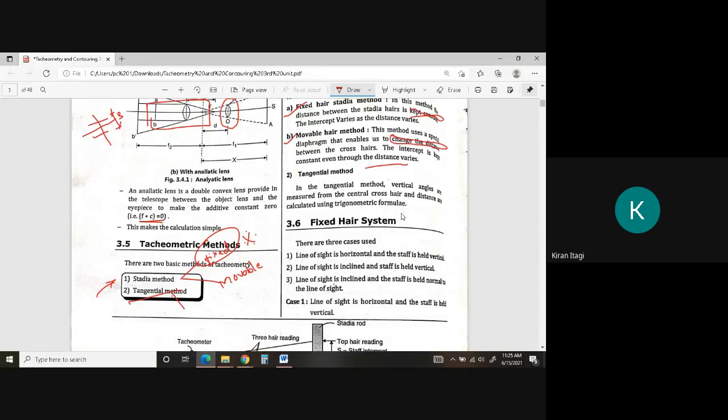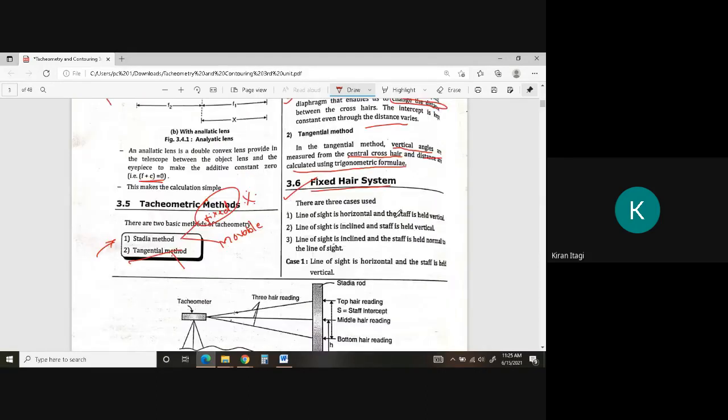Next we have the tangential method. In the tangential method, vertical angles are measured from the central crosshair, and the distances are calculated using trigonometric formulas. Next we are going into the fixed hair method.